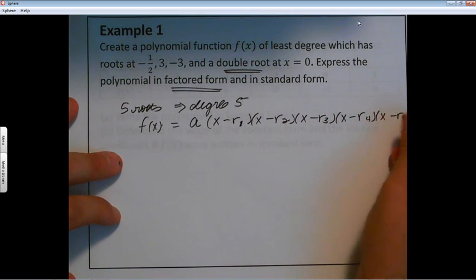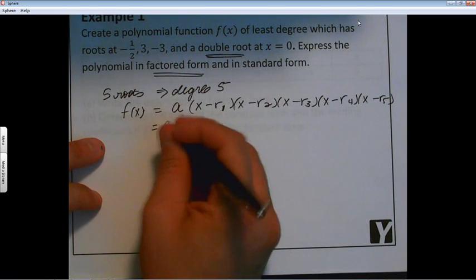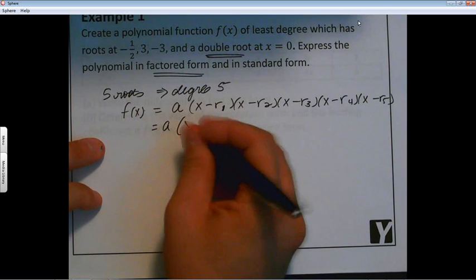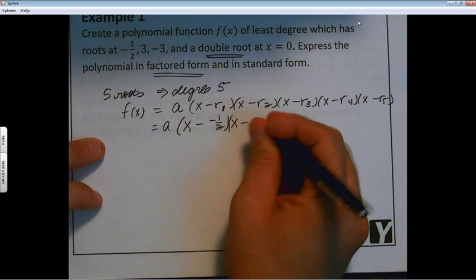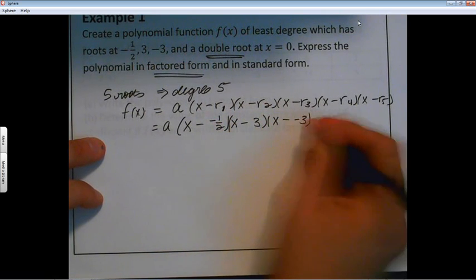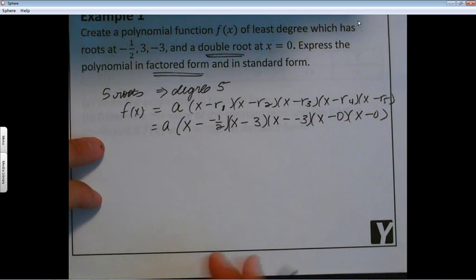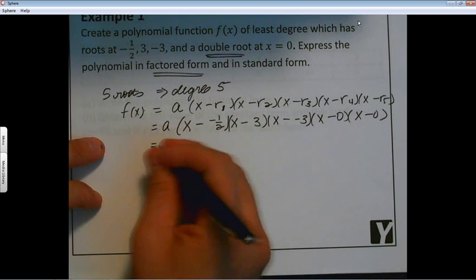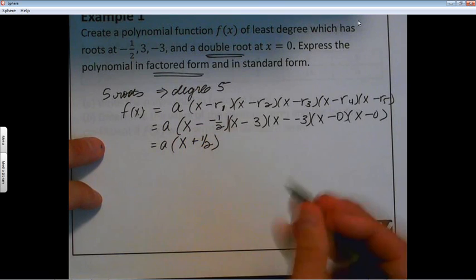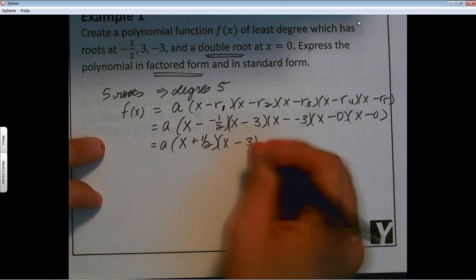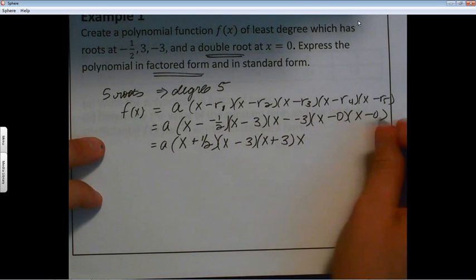So my polynomial, in factored form, will be some constant a, x minus the first root, x minus the second root, x minus the third root, x minus the fourth root, x minus the fifth root. My roots are: a times x minus -1/2, x minus 3, x minus -3, x minus 0, x minus 0.